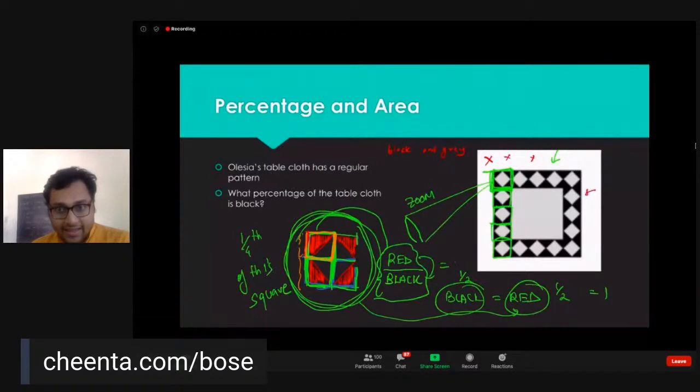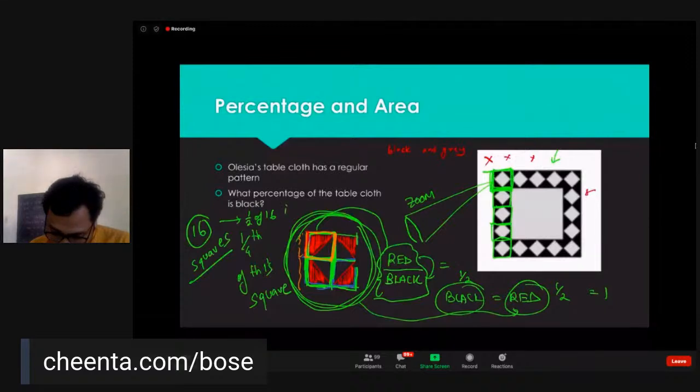Okay, excellent. There are 16 such squares. So half of these 16 squares is black and half of it is white, correct?